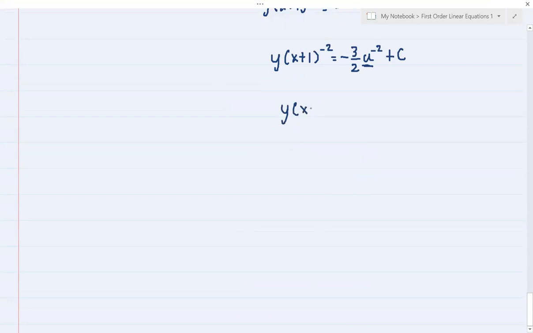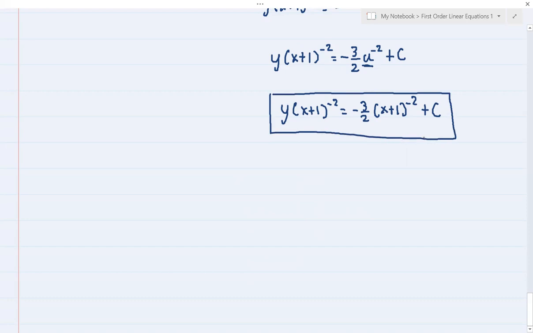So (x plus 1) raised to negative 2 is equal to negative 3 halves times (x plus 1) raised to negative 2. There you go. So this could be your final answer.